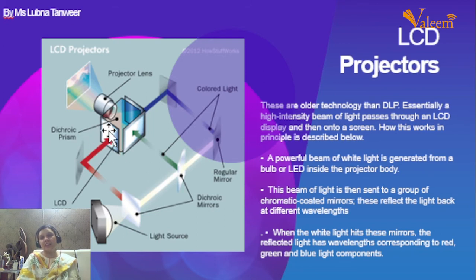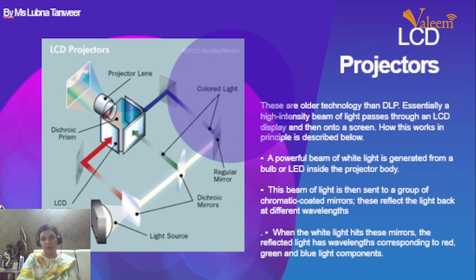The red LCD will produce an image that is created with different shades of red only. The green LCD will create an image through different shades of green only. In the same way, the blue LCD will produce an image with different shades of blue.